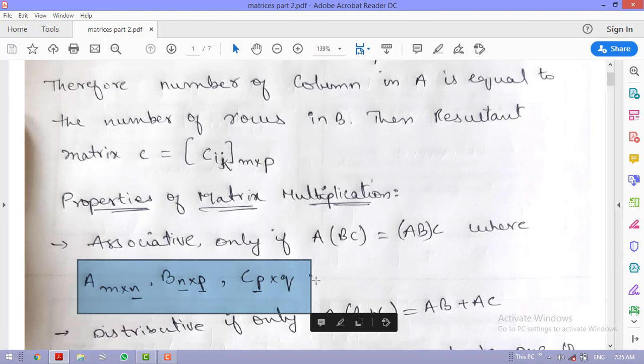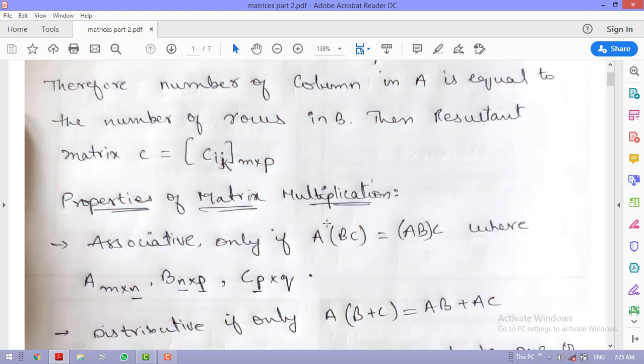Although I just said above that it's a simple rule of multiplication. So if you multiply BC and then the resultant of BC is multiplied with A, and that equals the multiplication of AB and then the resultant of AB multiplied with C, if these both are equal, then those three matrices are associative to each other.